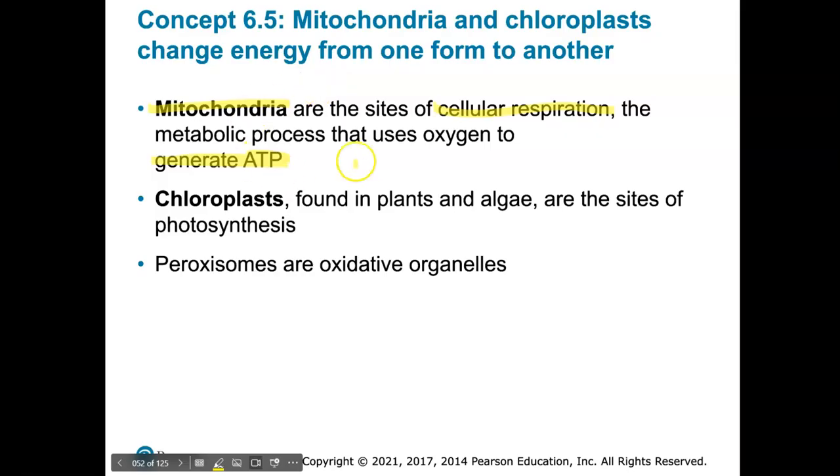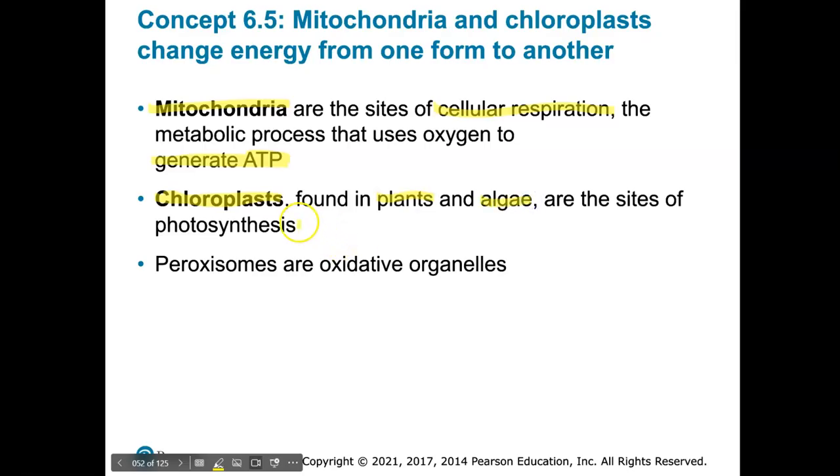And every eukaryotic cell has mitochondria. So that includes plant cells, fungi, animal cells, protozoans and algae. All have mitochondria. But only plant cells and algae cells have chloroplasts. So they're only found in plant cells and in algae.